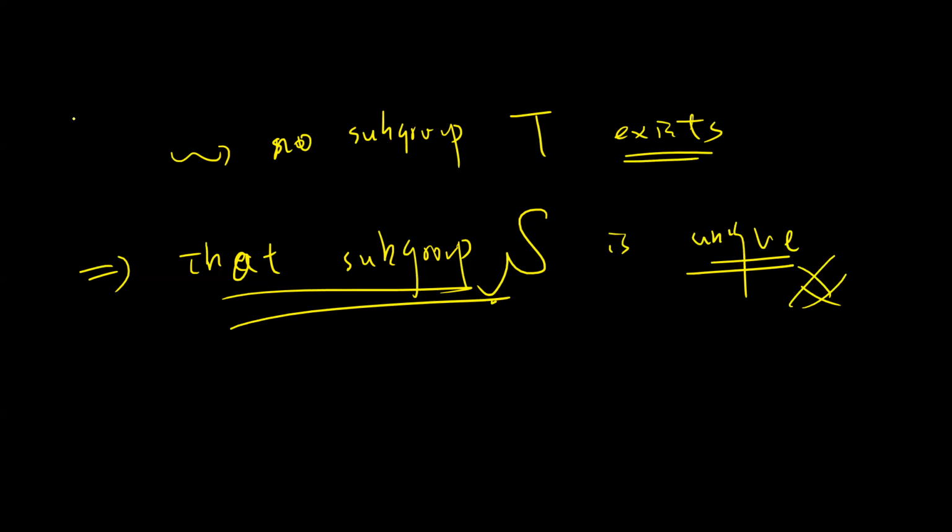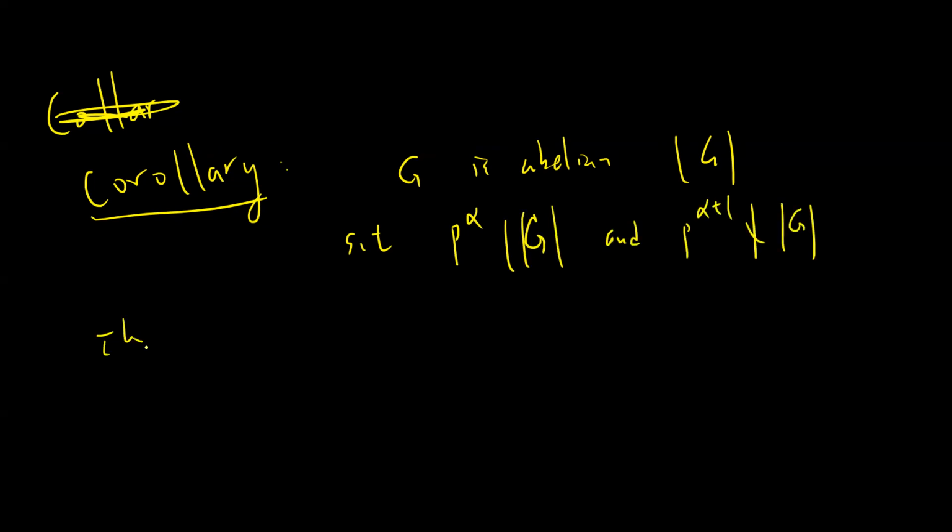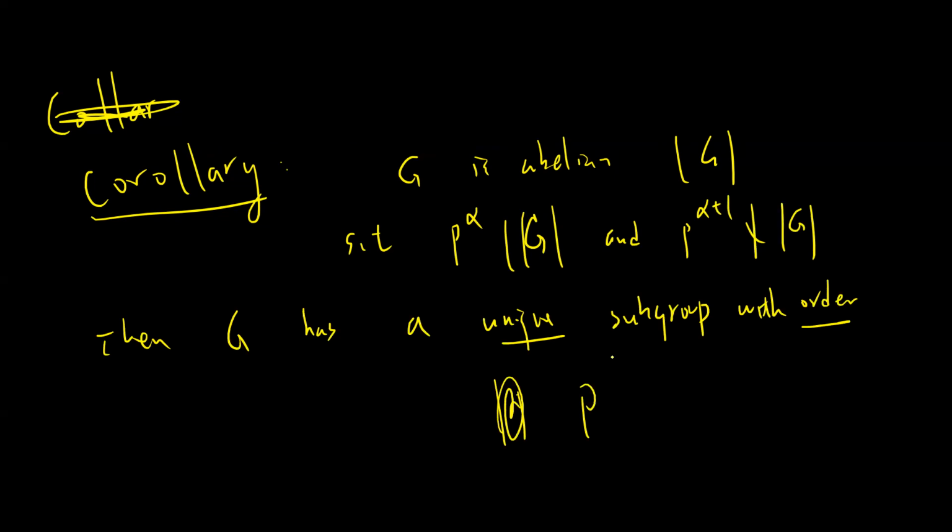Okay, so let me just write down the result. Corollary: if G is abelian, such that P to the alpha divides the order of G, and P to the alpha plus 1 does not divide the order of G, then G has a unique subgroup with order P to the alpha.